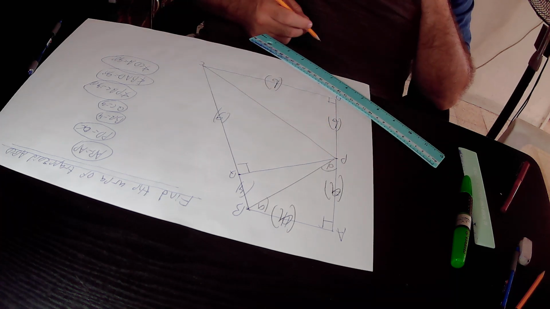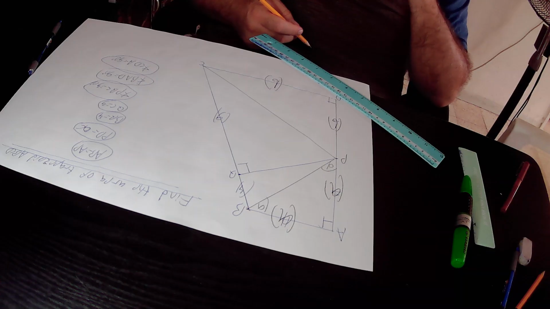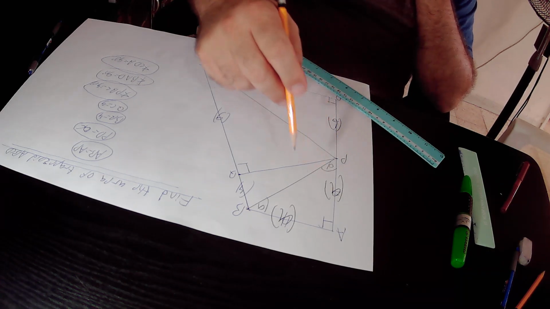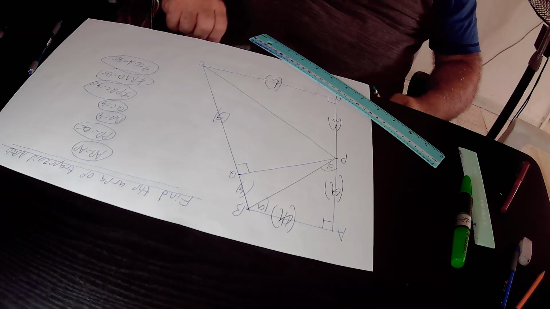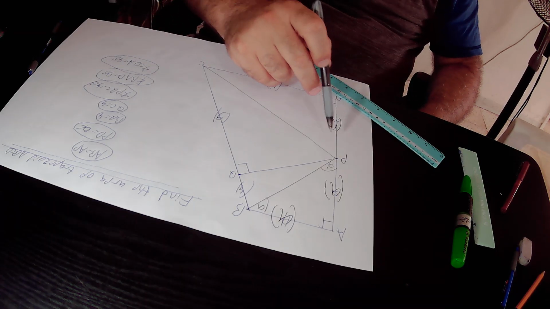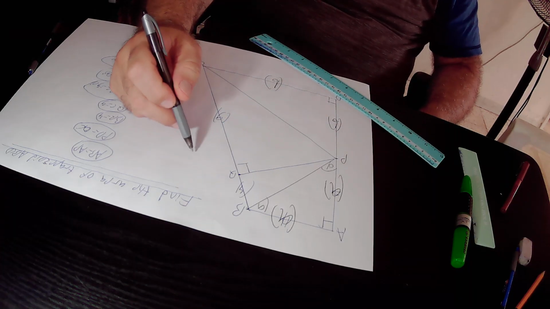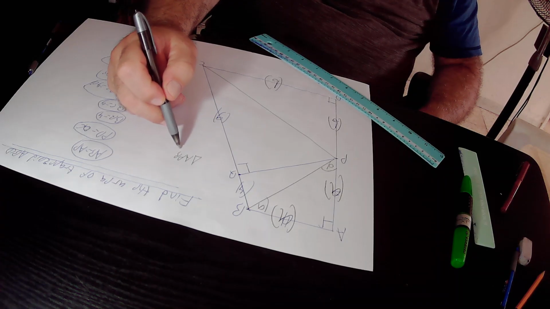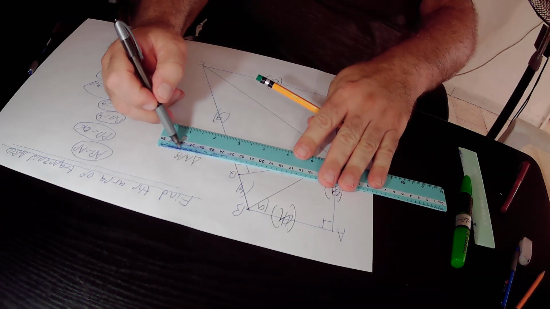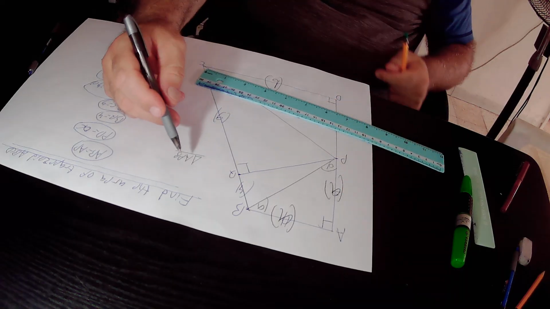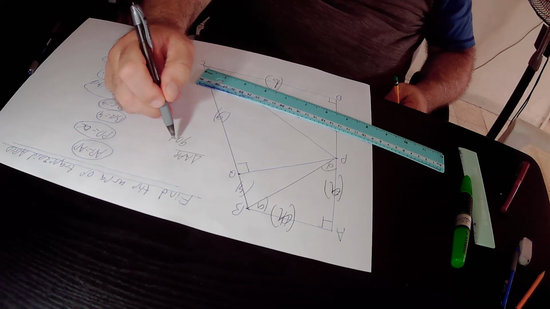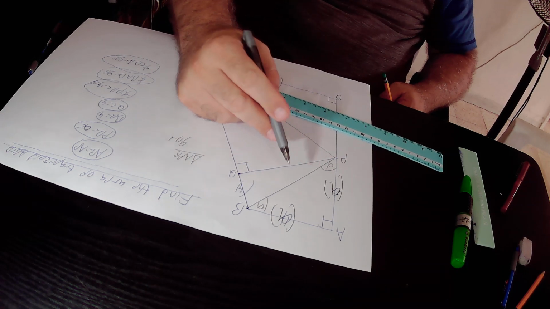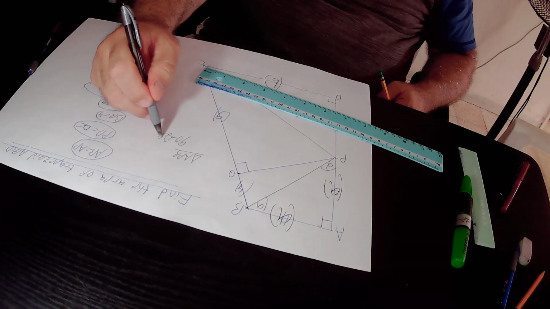We know that the sum of the angles in any triangle is equal to 180 degrees, and this is true in triangle APB. In the small right triangle APB, we have this angle that is a right angle plus those two angles, each of them equal to alpha, so it is 90 degrees plus 2 alpha.